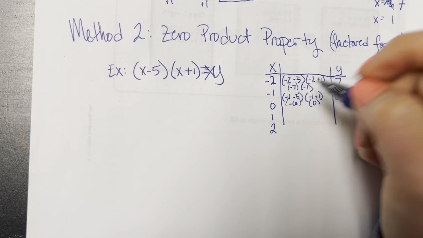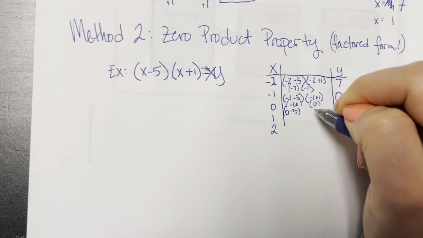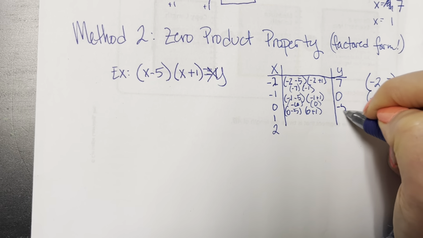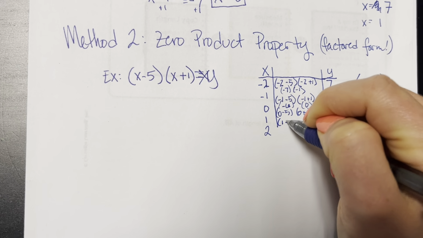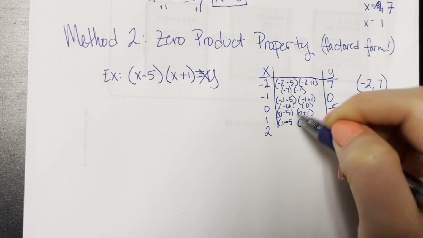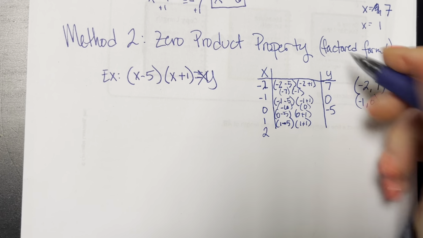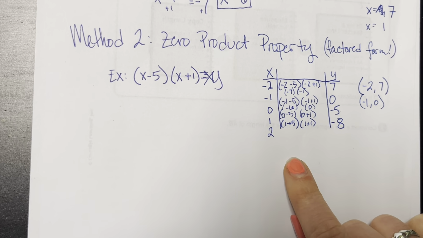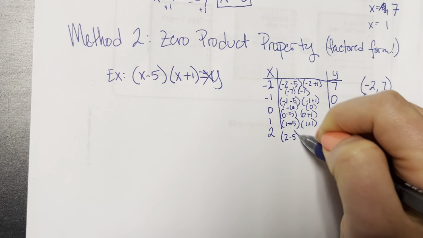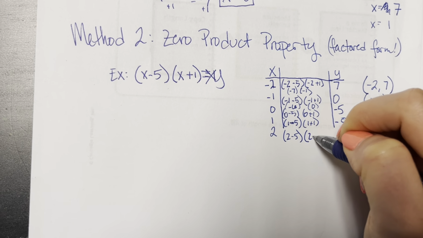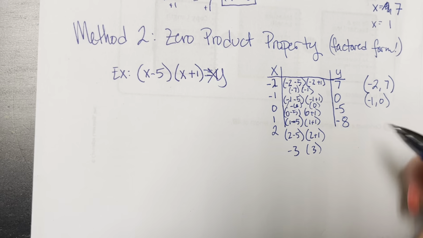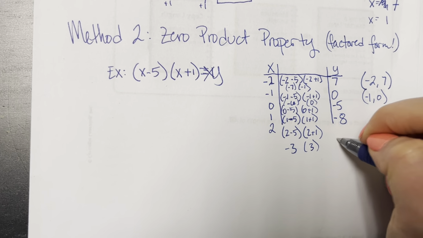Plug in 0. 0 minus 5 times 0 plus 1 is -5 times 1. That's -5. Plug in 1. 1 minus 5 is -4, and 1 plus 1 is 2, so -4 times 2, which is -8. Then plug in 2. 2 minus 5 times 2 plus 1 is -3 times 3, which is -9.